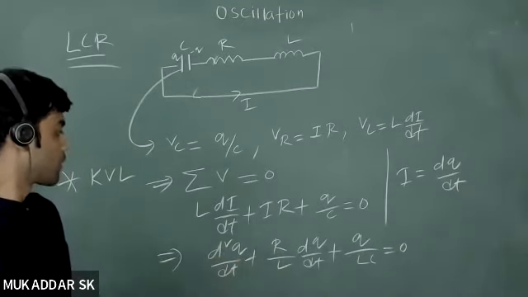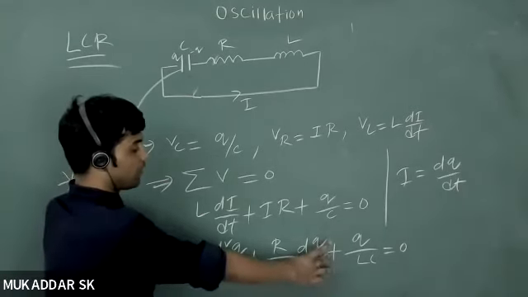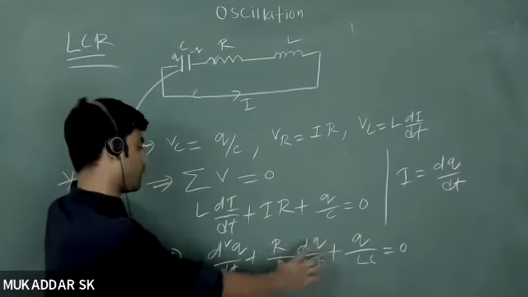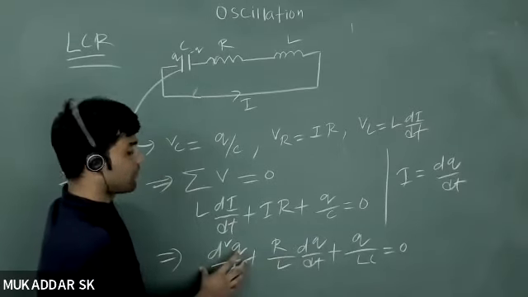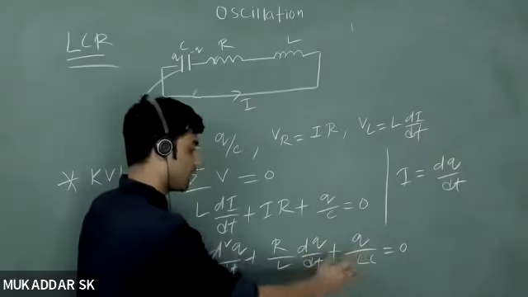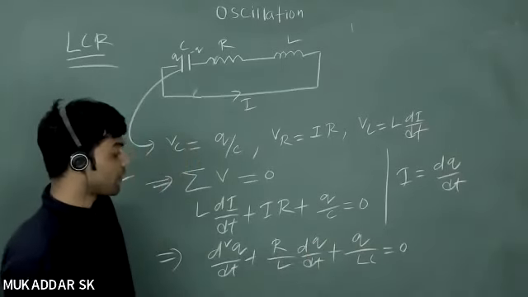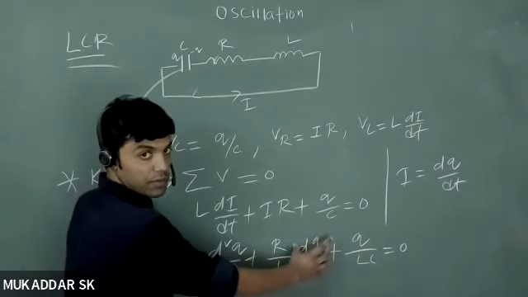In simple harmonic motion, you don't have any dq by dt term, right? So you see, this is a kind of damping. So you have d square x by dt square, then you have dx by dt, right? So you see this equation is representing a damped oscillator, because you have the dq by dt term also present here.